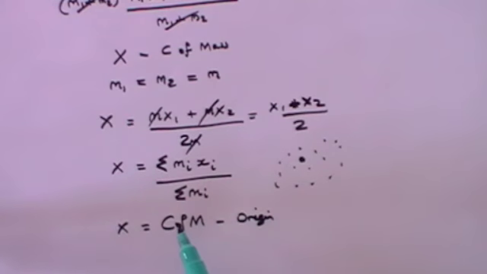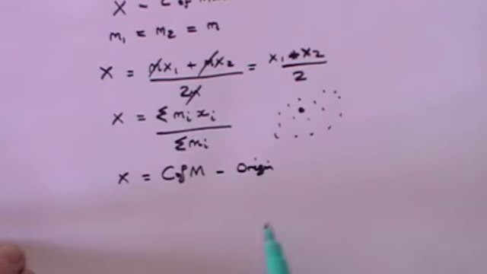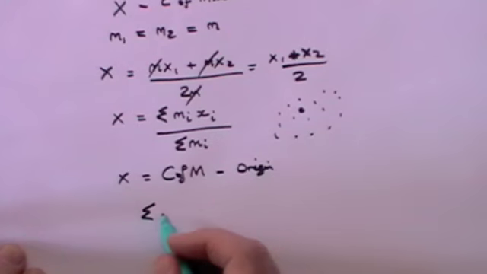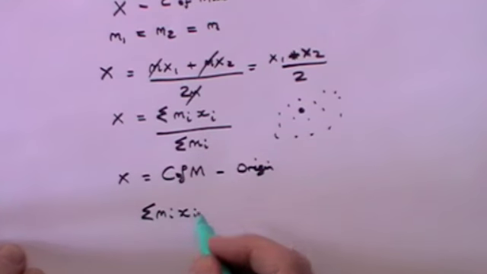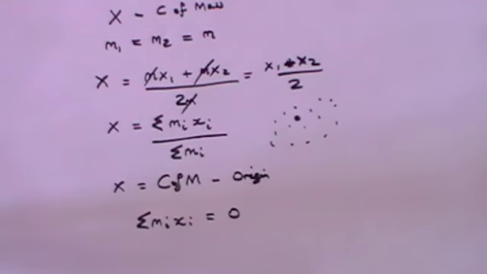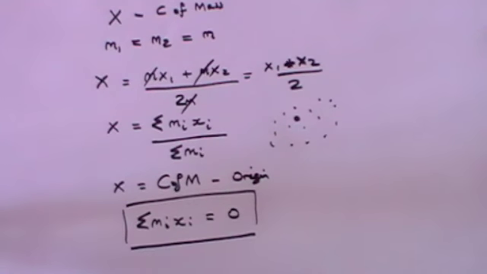So when the centre of mass is placed at the origin, you've got the condition that sigma m_i x_i, the sum of the mass times the distance from the origin, which is also the point of the centre of mass, equals 0. And that is a conclusion that we will come back to later, so keep that in mind.